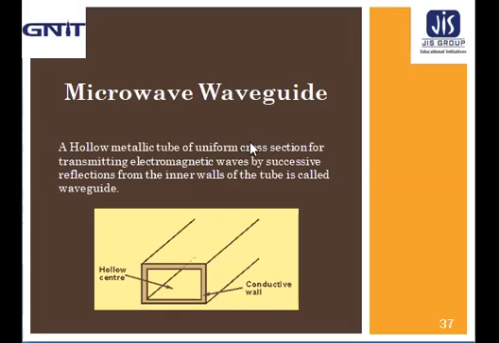Microwaves propagate through microwave circuits, components, and devices, which act as a part of the microwave transmission line, that is called waveguides. A hollow metallic tube of uniform cross-section for transmitting electromagnetic waves by successive reflection from the inner walls of the tube is called a waveguide.